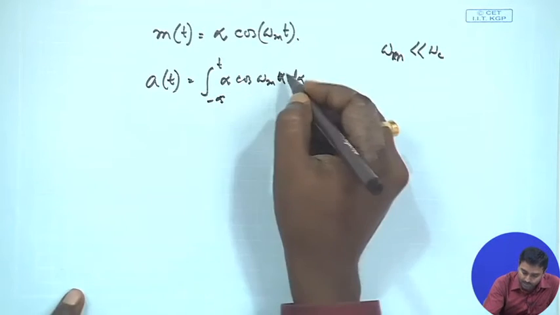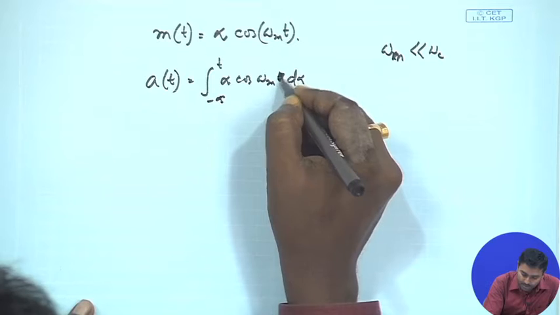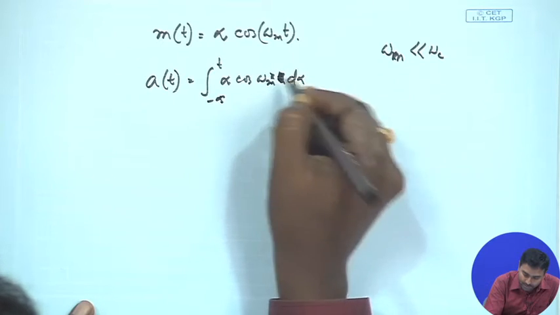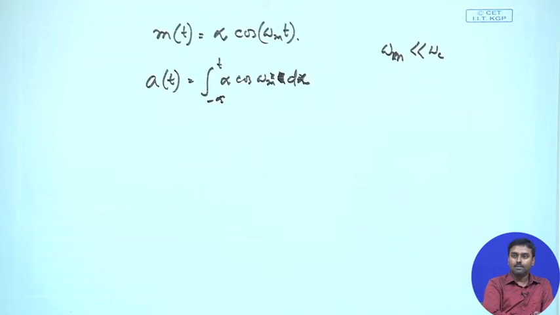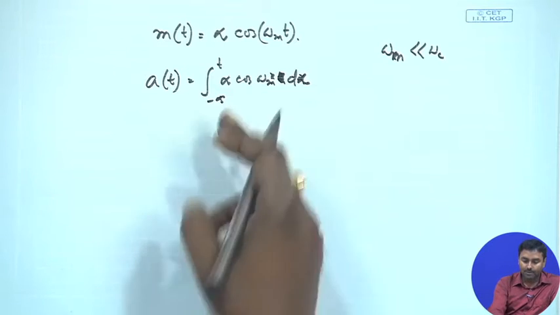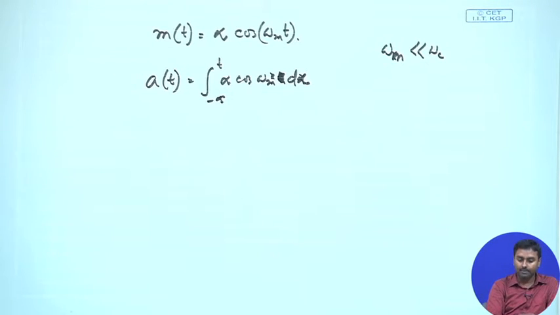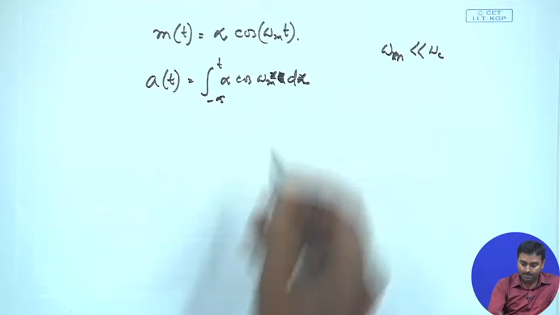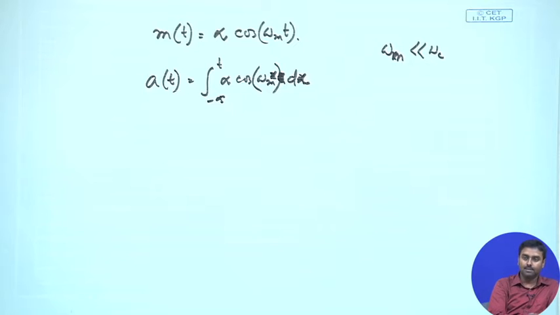I should not say alpha because alpha is already there, so let us say it is x dx. I have taken a dummy variable which is x.